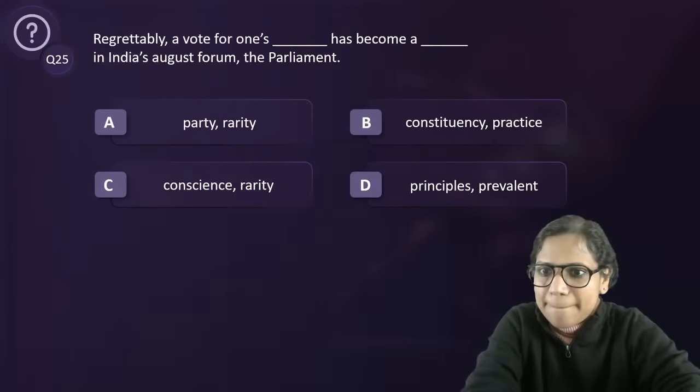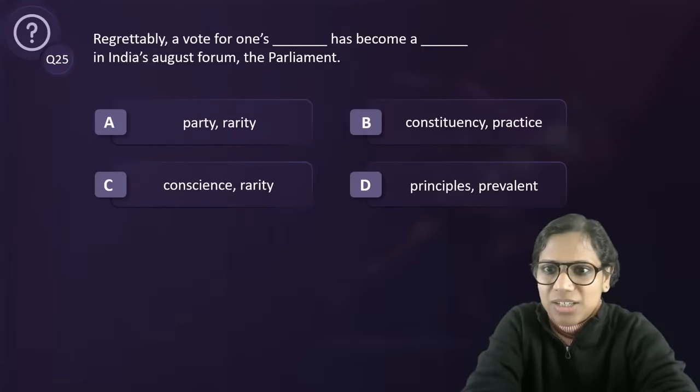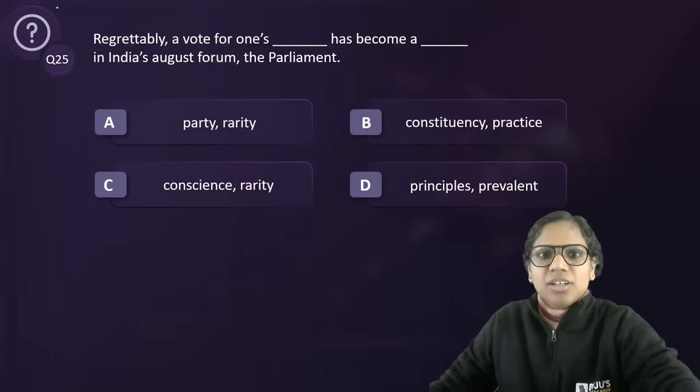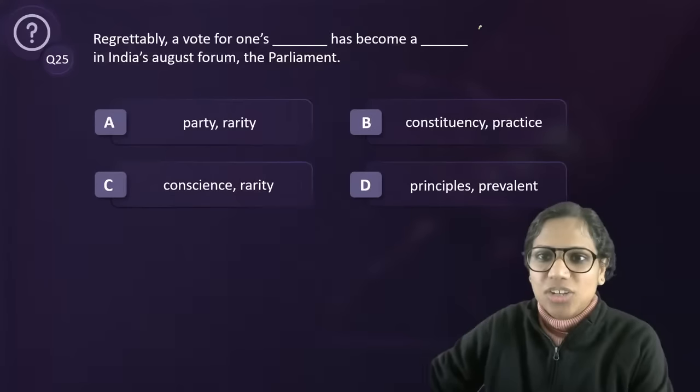Coming to this question. This is actually a question that will increase your general knowledge also.